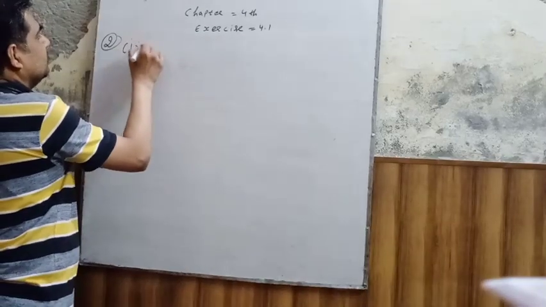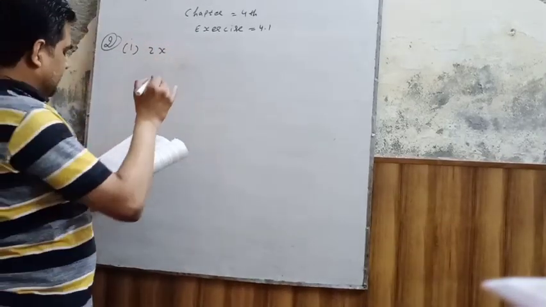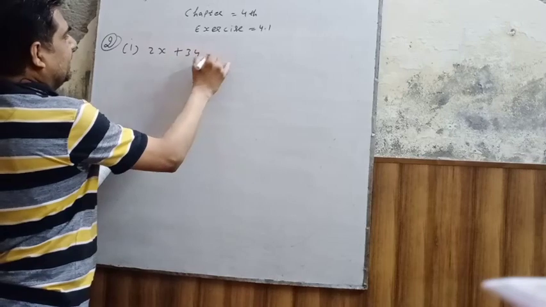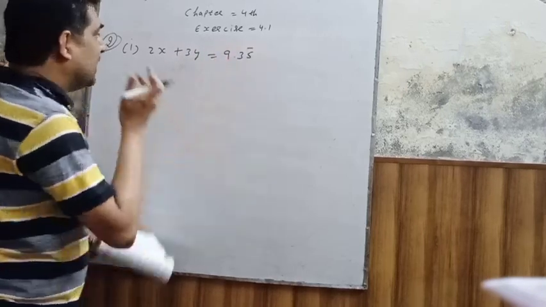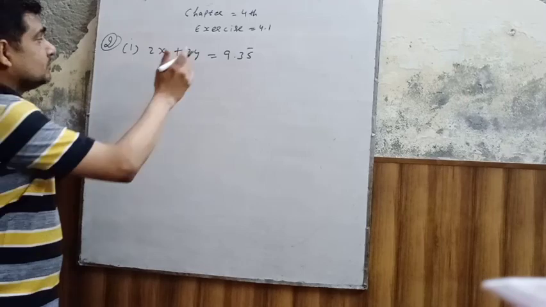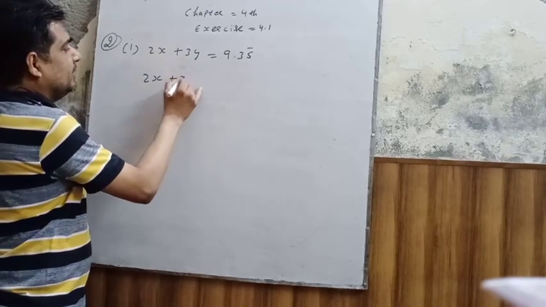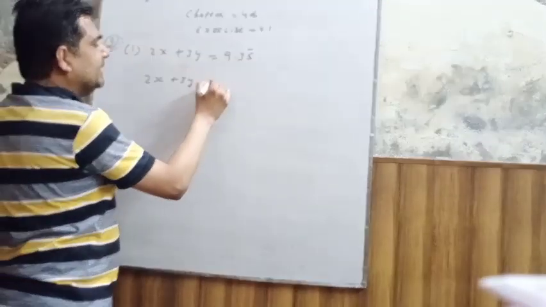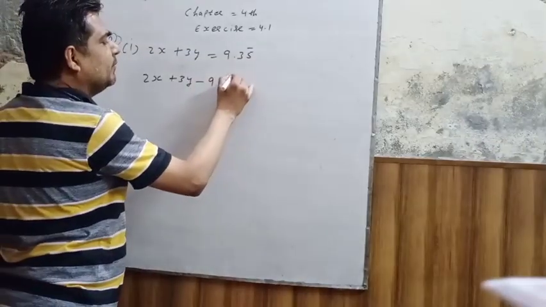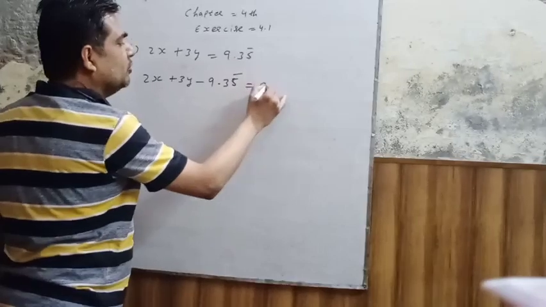First sum: 2x plus 3y is equal to 9.35 bar. Moving this side, 2x plus 3y minus 9.35 bar is equal to 0.